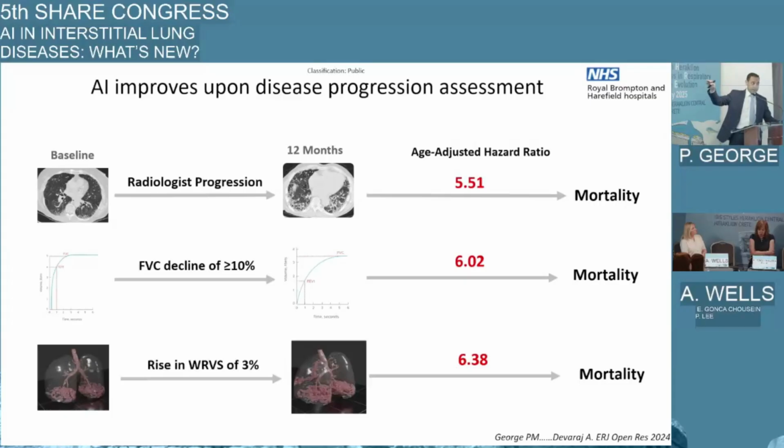And you can see actually all 3 do fairly well. Radiologists telling us that there's progression have a hazard ratio of 5.5. Patients losing 10% of FVC have a hazard ratio of 6. And a rise in this imaging biomarker, a hazard ratio of 6.4. So really very similar outcomes and ability to discriminate.